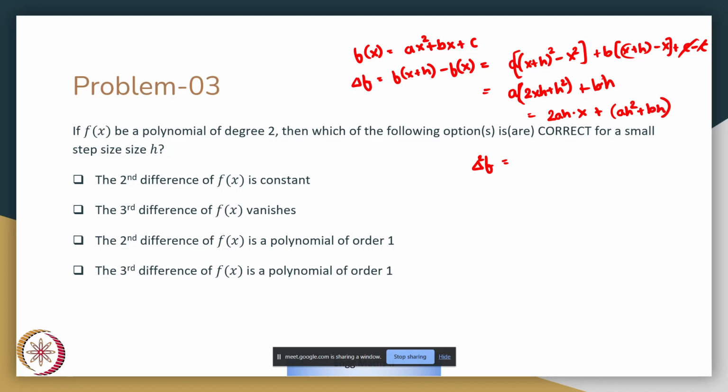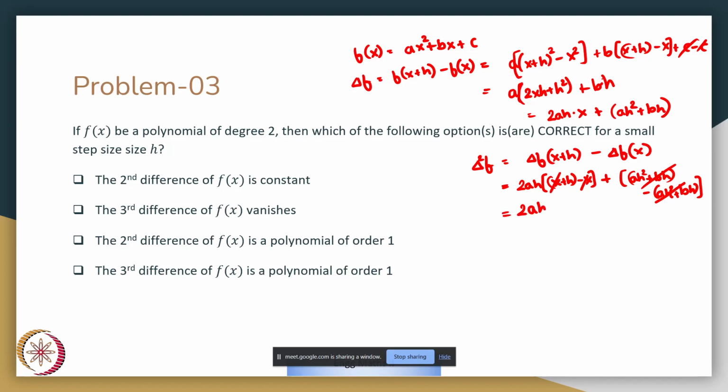If I take the second difference, it is nothing but first difference of x plus h minus first difference of x, which is 2ah times (x plus h minus x) plus ah square plus bh minus (ah square plus bh). These two cancel out, and here also the x cancels out, so we essentially end up with 2ah square.